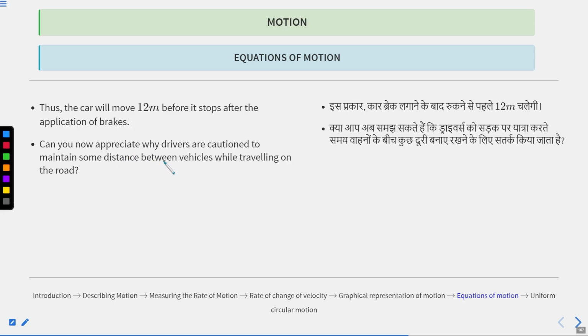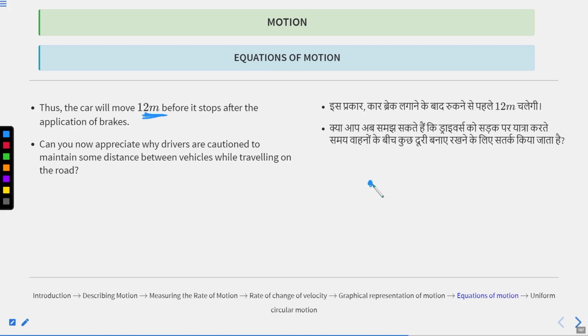Can you now appreciate why drivers are cautious to maintain some distance between vehicles while traveling on the road? So now it is clear why there is a distance between two cars when you drive. Whenever you apply brakes, like we applied the brake when the car was decelerating at 6 meter per second square, the car moved 12 meter.